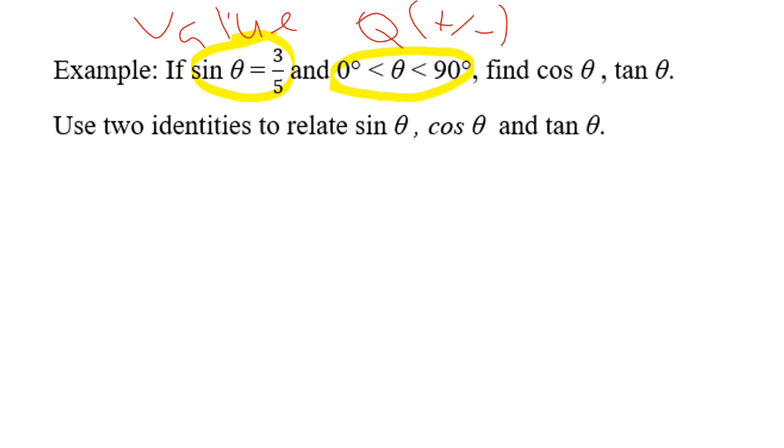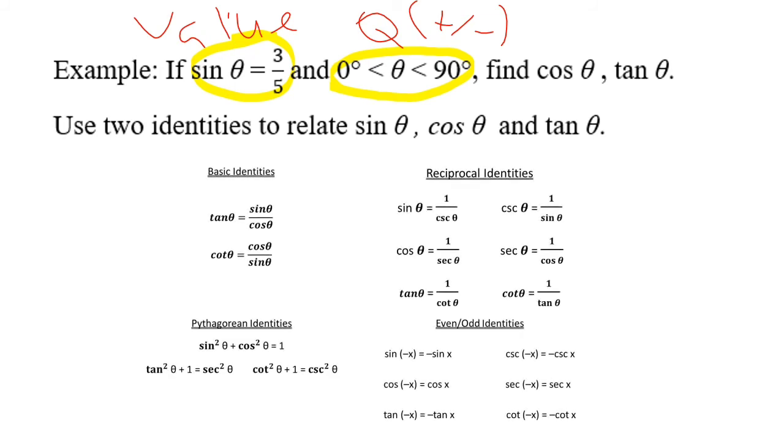Now, if you recall, we have all these identities to use. Which of these identities relates sine and cosine? Remember we talked about if I have sine, I can find cosine. Well, if you look down here, the Pythagorean identity, we have sine squared theta plus cosine squared theta equals 1.